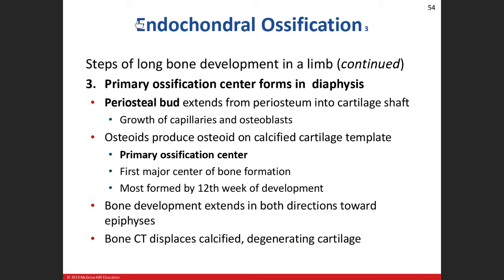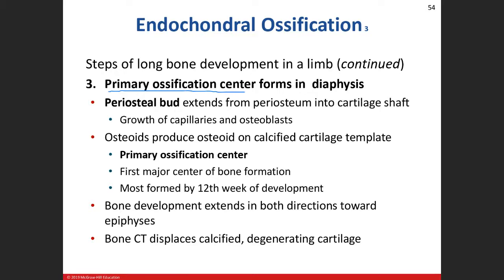Since this occurs in the diaphysis, we refer to that region as the primary ossification center. Meaning, that's just the area of the bone that starts to ossify, starts to harden. As this occurs, that blood vessel has penetrated into the internal portion, the medullary cavity.